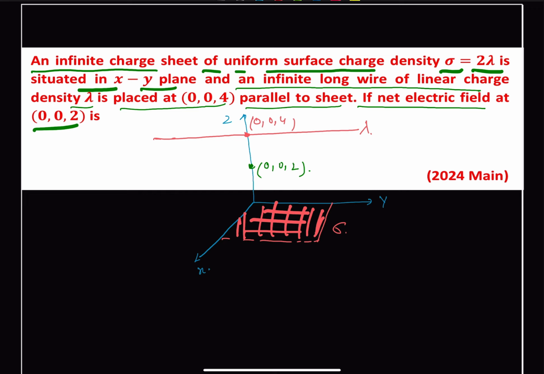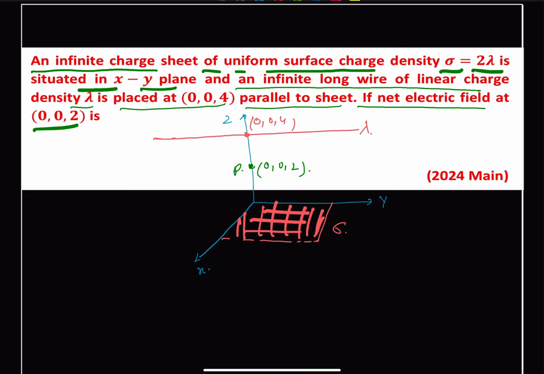So the surface charge density relationship is given, and the point is also given. So we can find out the electric field at, let us suppose, this point P.